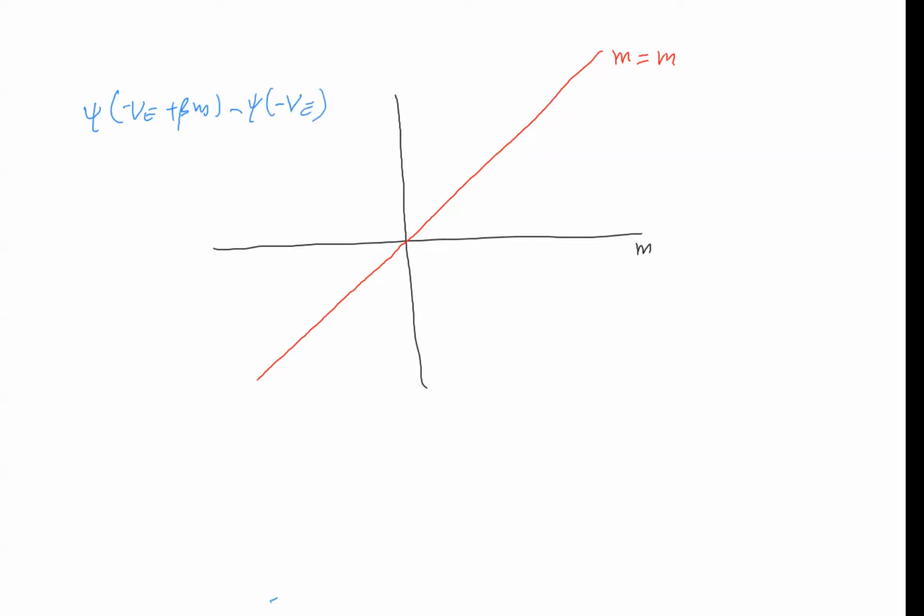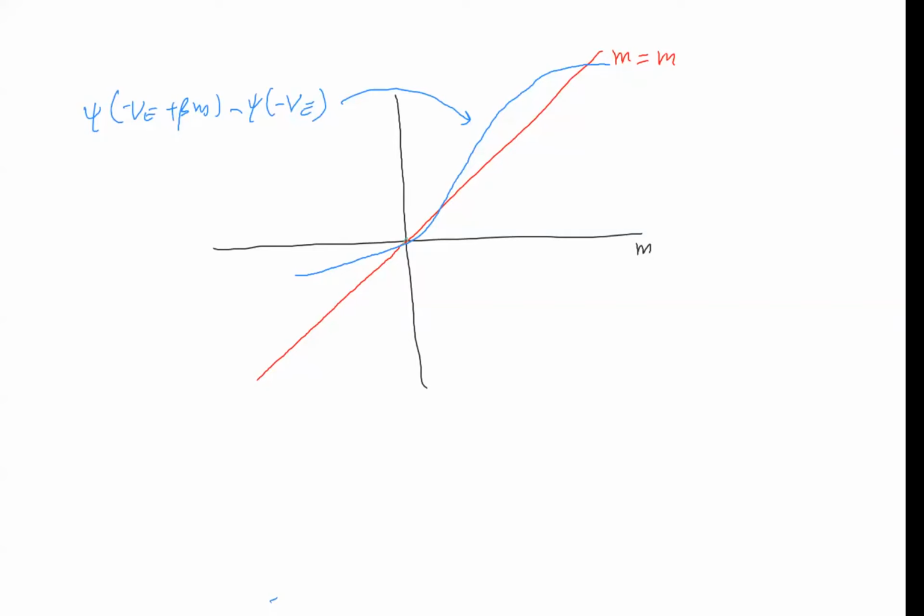And that is always 0 when M equals 0. And I'm going to draw a picture like this. Depending on the size of beta, it's going to have different shapes. I'm going to draw it like this. Okay, so this is a plot of the right-hand side and the equilibrium.